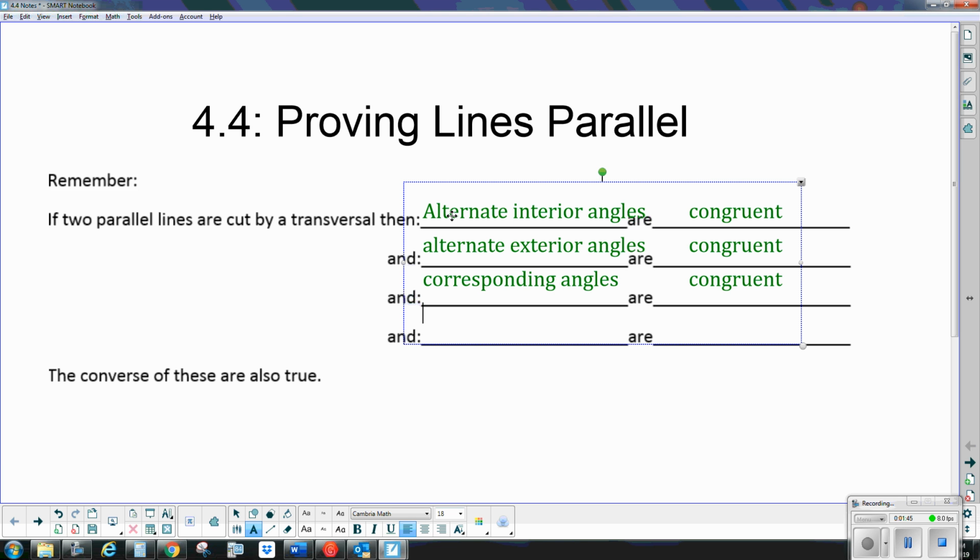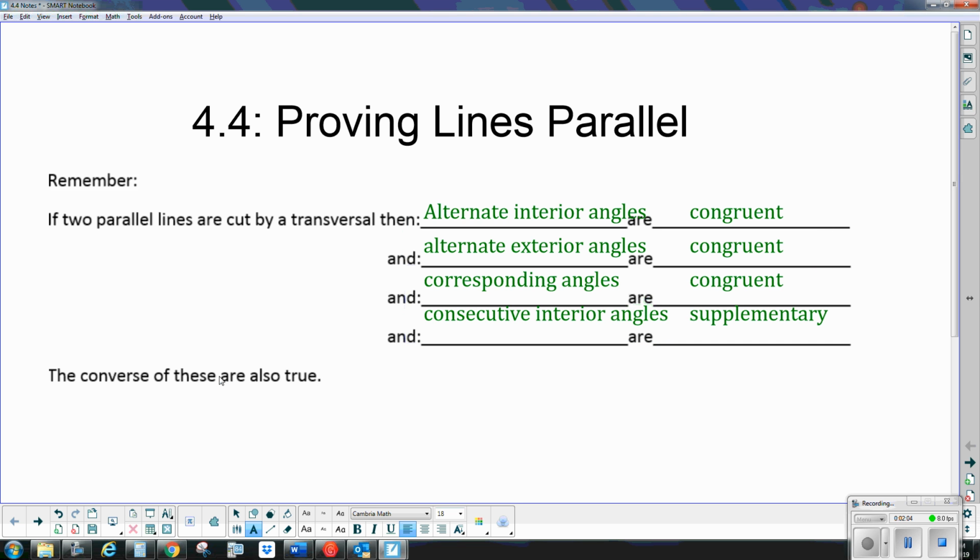So the last one we're going to list is that if two parallel lines are cut by a transversal, then consecutive interior angles are supplementary. And remember, the converse of all of these is also true.